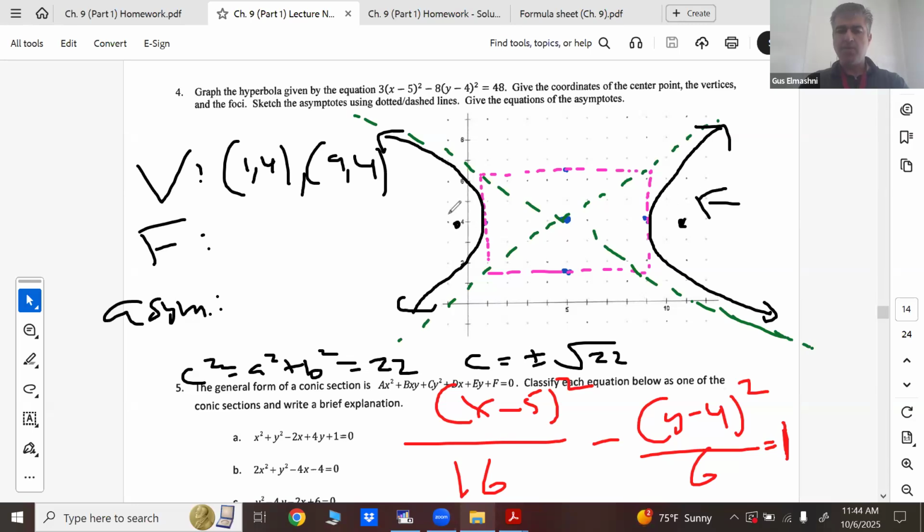I'm just kind of haphazardly drawing it there. I don't know exactly where it is. Well, I do know exactly, but I'm getting lazy. But are you going root 22 left, right, or up, down? Left, right. Thank you. So you want to go 5 plus or minus root 22.